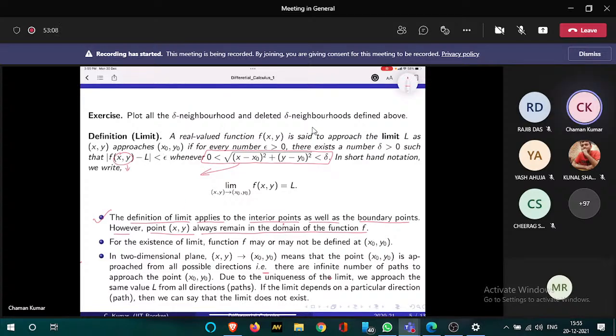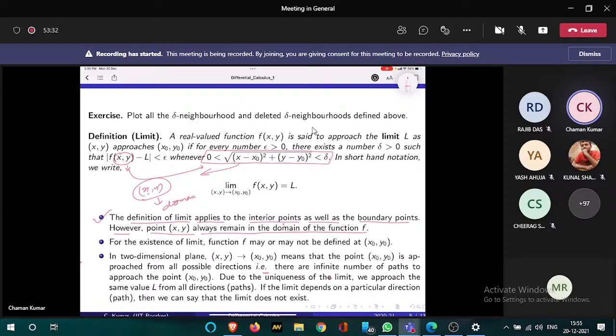So this same x, y is appearing in the neighborhood. So this x, y should always be in the domain of the function. Okay, so that means you should not create a neighborhood which is outside the domain of the function.